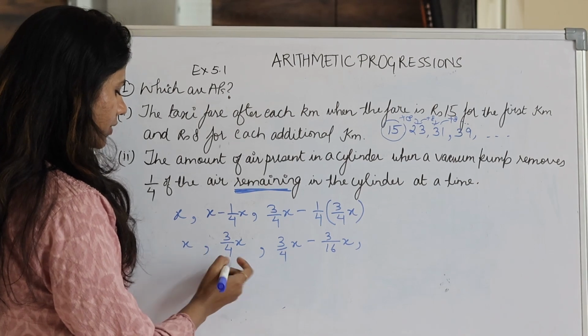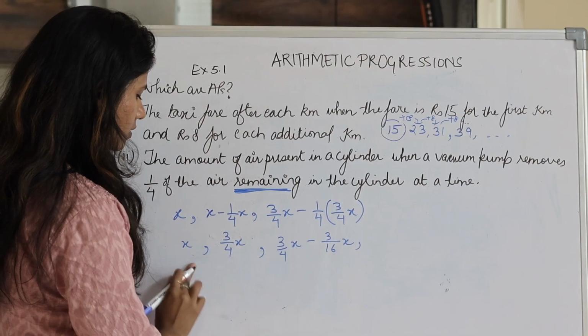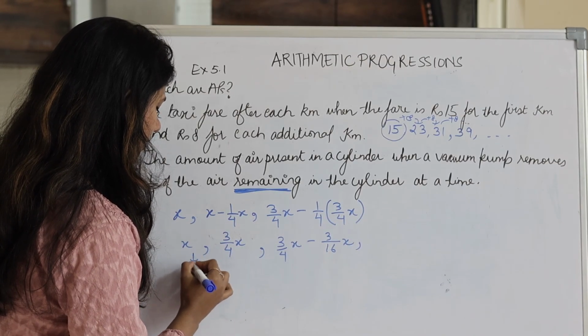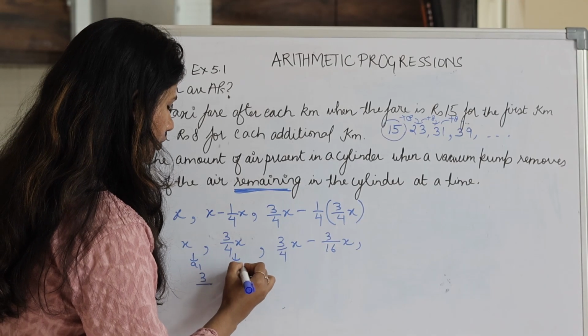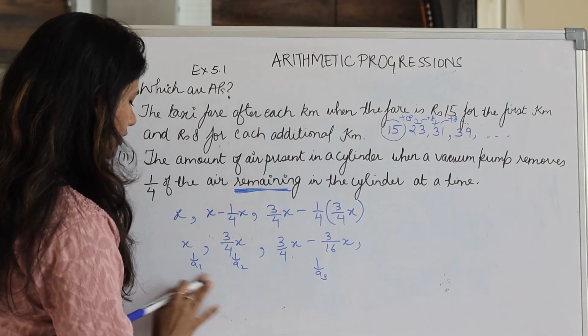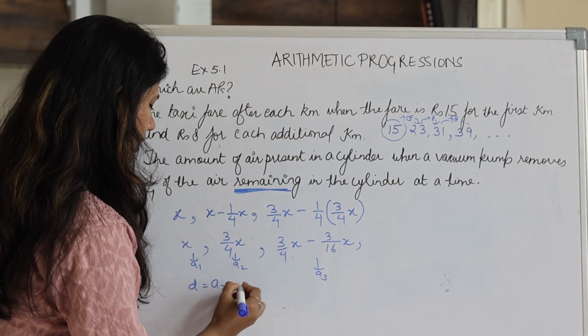For that we have to find the common difference. This is A1, this is A2, this is A3, and the common difference D equals A2 minus A1.